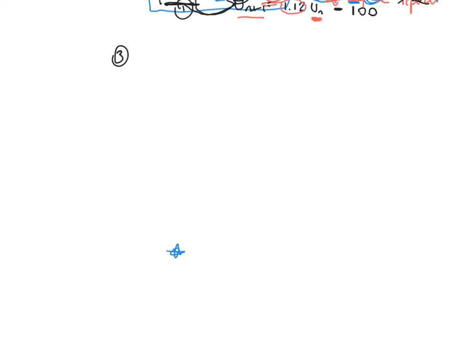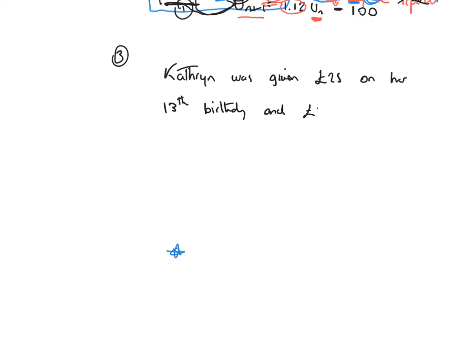Okay, question 3. Catherine was given £25 on her 13th birthday, and £20 on each birthday thereafter.